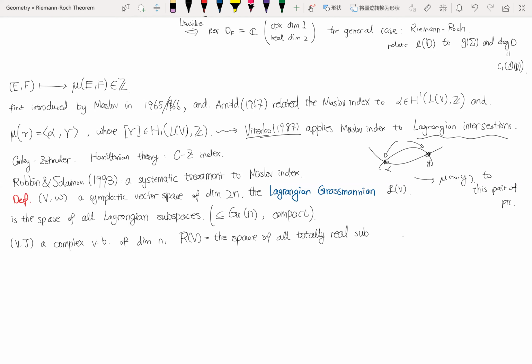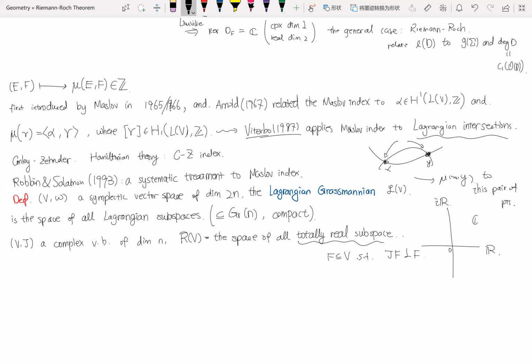No, subspaces. That is, a totally real subspace means a subspace F such that JF is orthogonal to F. Just like in the complex plane C, the real axis R and the corresponding imaginary axis iR are all totally real subspaces.